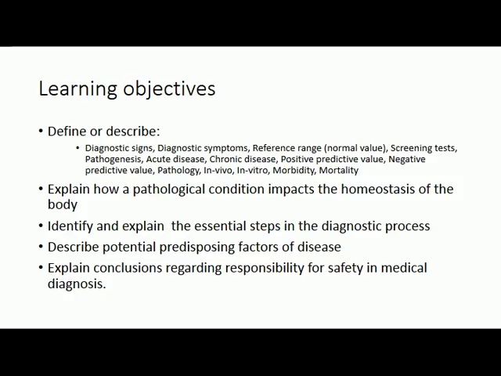You'll explain how a pathologic condition impacts the homeostasis of the body, identify and explain the essential steps in the diagnostic process, describe potential predisposing factors for disease, and explain conclusions regarding responsibility for safety in medical diagnosis.